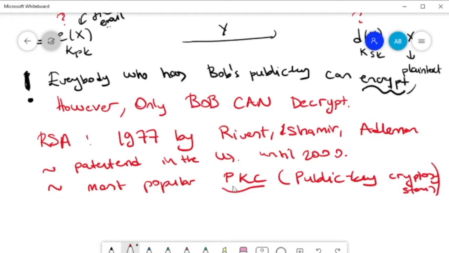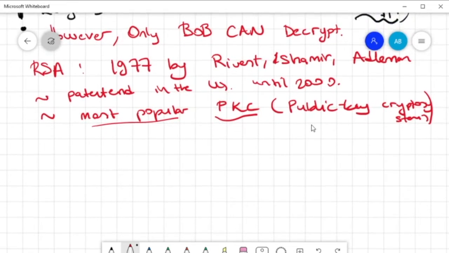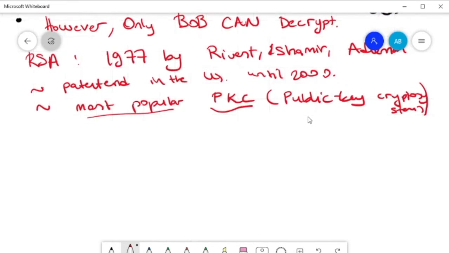From now on I will write PKC for public key cryptosystems. And this is like DES and AES: it is so popular that when somebody says asymmetric crypto, you have to remember that there is RSA, which is the first encryption with asymmetric crypto.